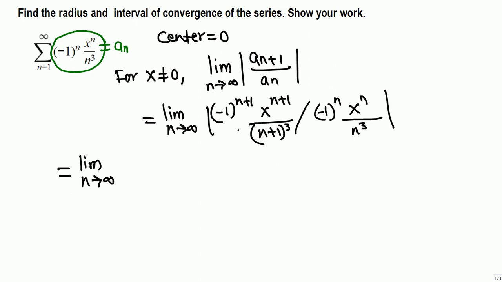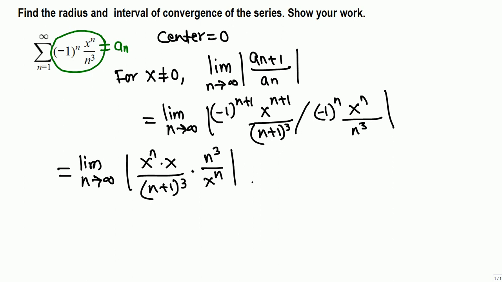When we take the absolute value, this becomes positive 1 all the time, so we can disregard it, and we have x to the n plus 1, which is the same as x to the n times x to the 1, over (n plus 1) cubed. Let me change this division into multiplication, then we flip this fraction, n cubed on the top over x to the n.